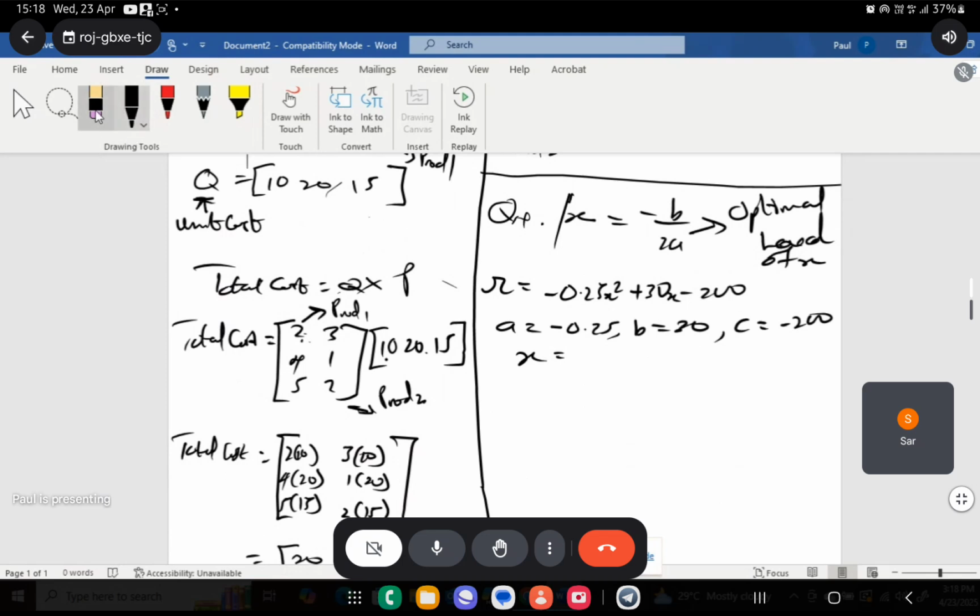So therefore, x becomes minus b, which is minus 30 over 2a, 2 times minus 0.25. So here will give us minus 30 over minus 0.5, and that should give us the optimal.